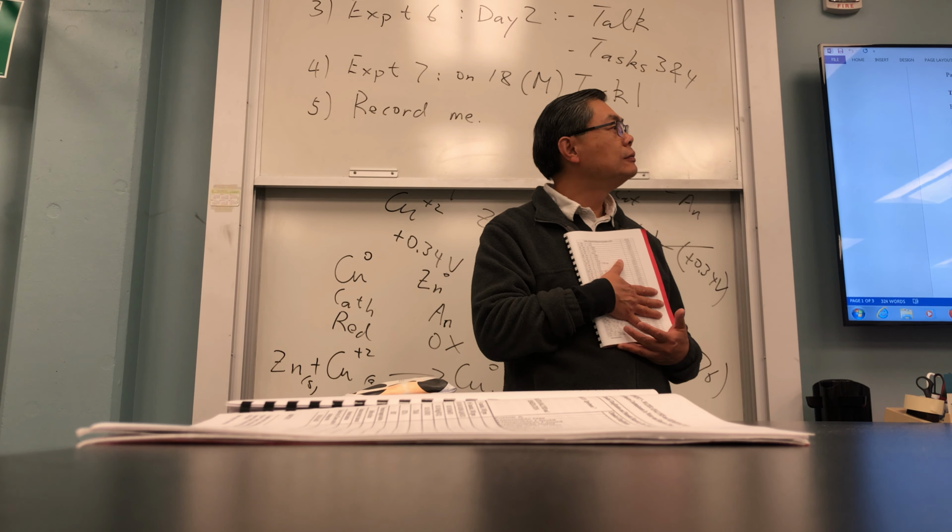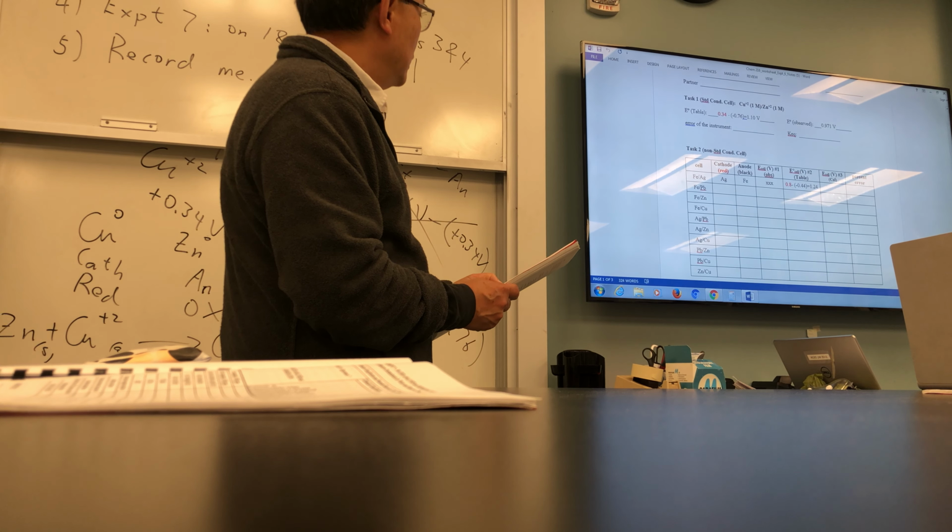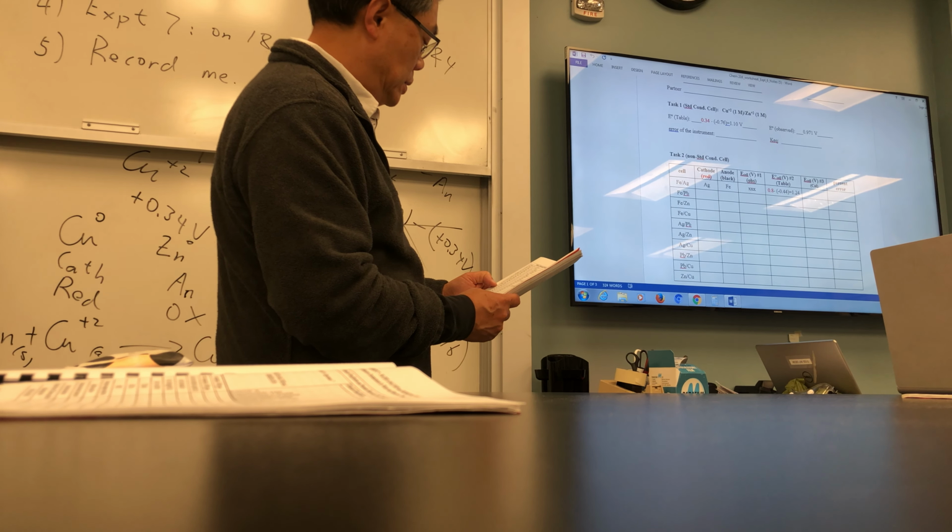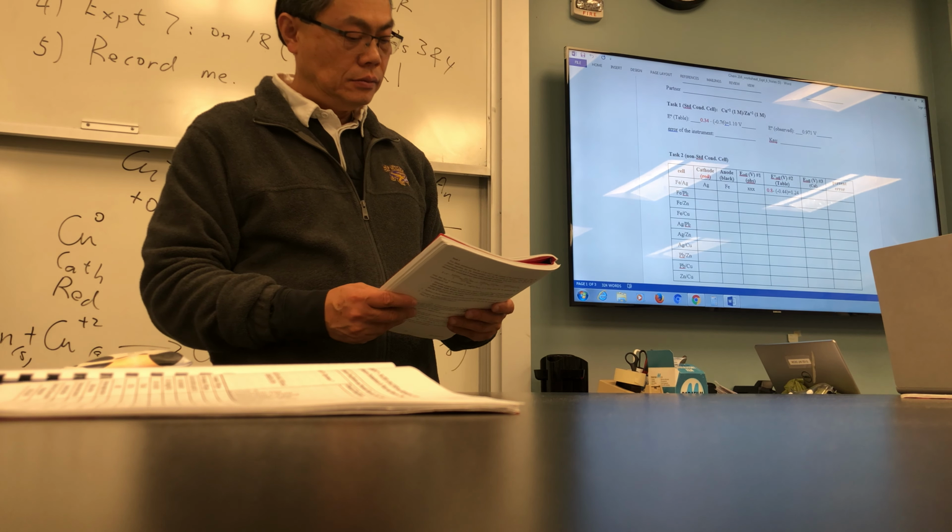So iron and silver, so we got the 0.8. Where's the silver? Silver 0.8 is a little bit below half. So that's your silver 0.8, and then your iron is minus 0.44.